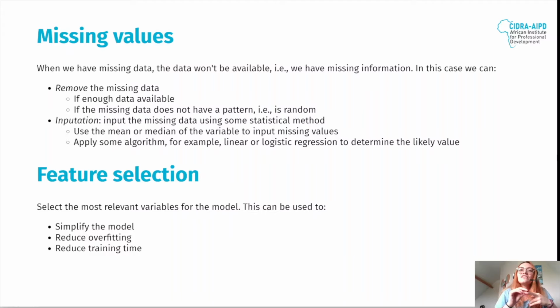Then you might think, I'm going to apply a linear regression here and see what the value for that missing value would be. But then it would be a two-step model, right? The first model would be to do this imputation, and then your final model to actually do the predictions. So you have some options there.